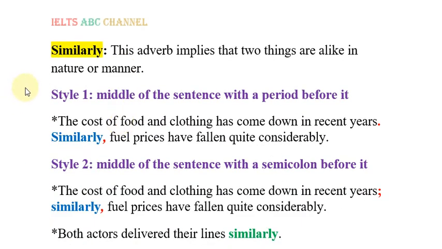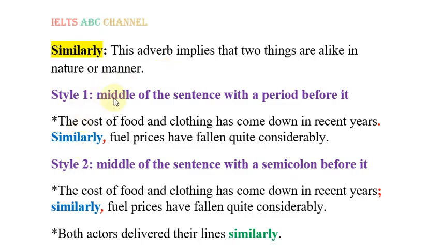The first word, similarly. This adverb implies that two things are alike in nature or manner. Like almost all other conjunctive adverbs, you can use them in two formats, format one, format two. Let's get to the first format.